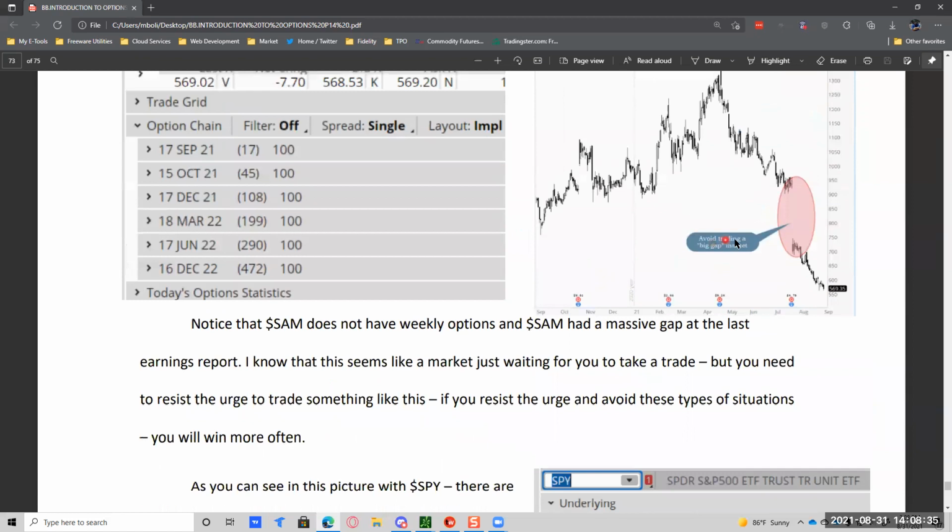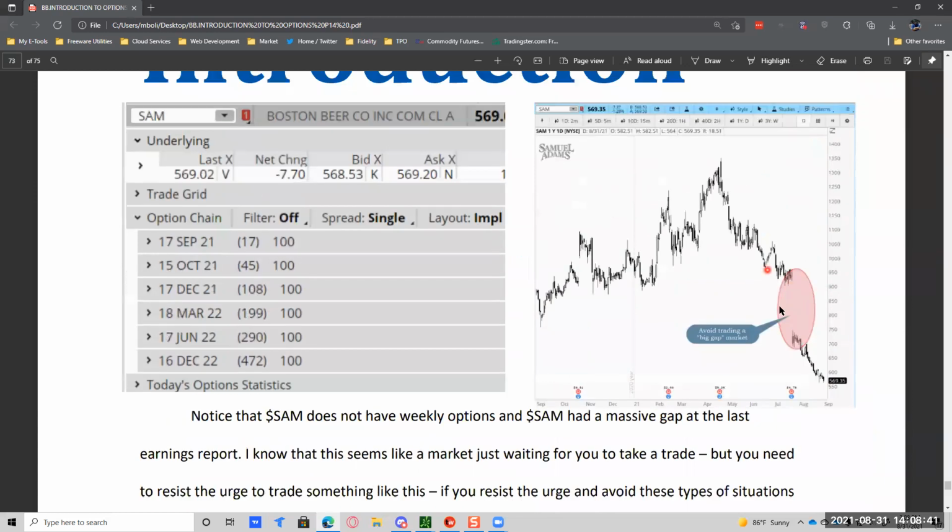So I used SAM here for an example. And this is actually an example because somebody had brought it to me and said, hey, can you identify a trade on SAM? I really want to take a trade here. It had already gapped down and it had already broken structure and was headed lower. And they wanted to trade it back up. If you're in here, I'm not picking on you.